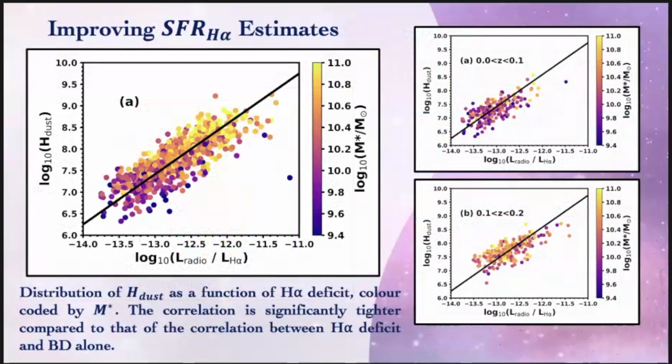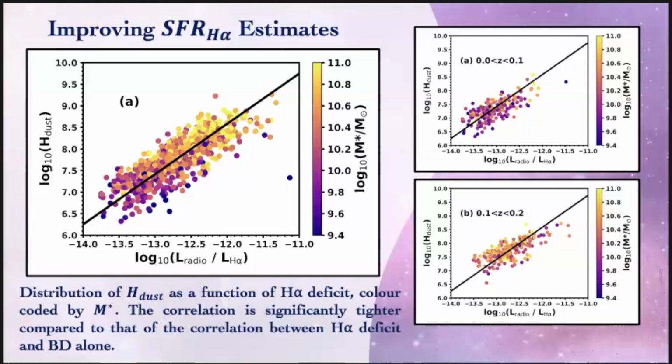We can see that the correlation here is significantly tighter compared to the correlation we have seen with the Balmer decrement and the H alpha deficit, which implies that H dust is directly associated with the dust geometry or the optical depth of the dust.